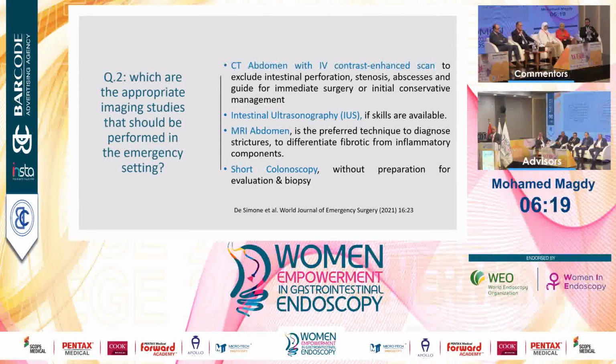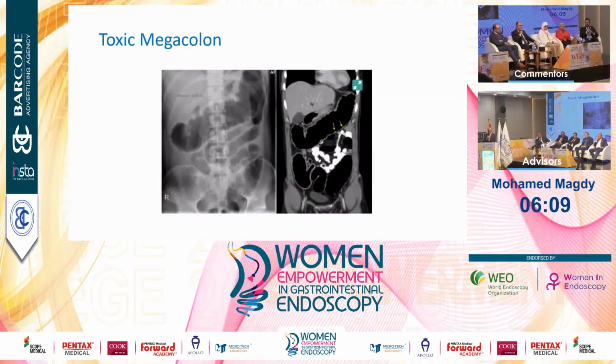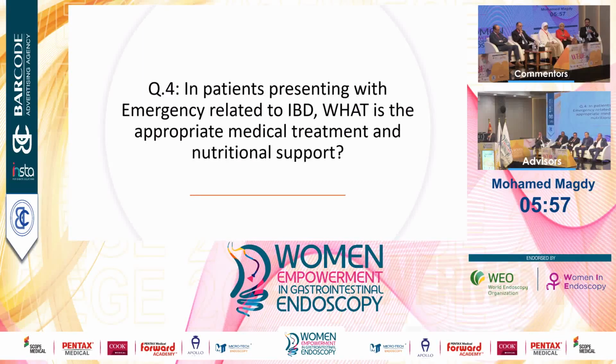Even a short colonoscopy can be done, but without preparation and with an expert, to avoid complications or in case of high suspicion of perforation. One of the emergencies is toxic megacolon. We can diagnose it just by X-ray, and CT can confirm.